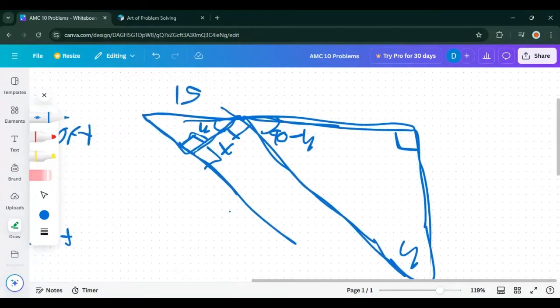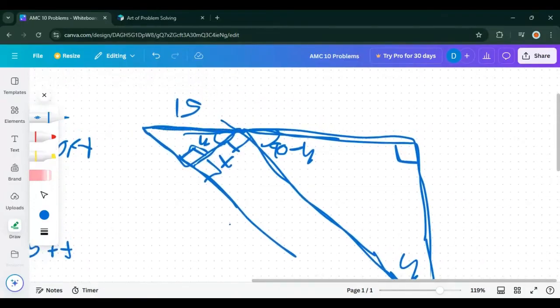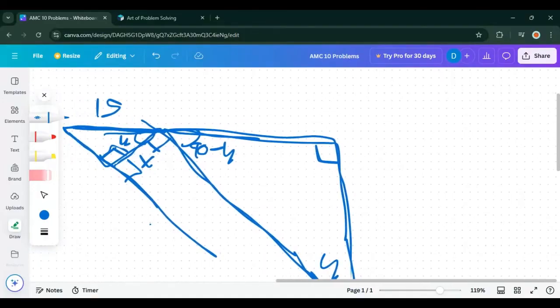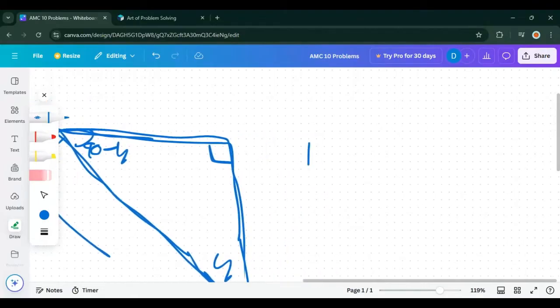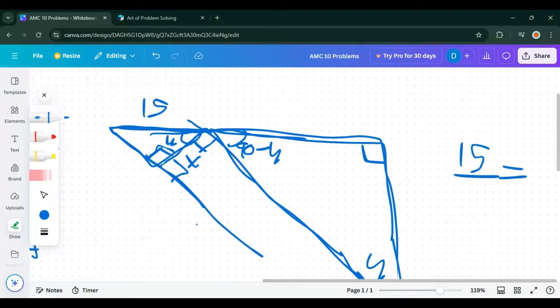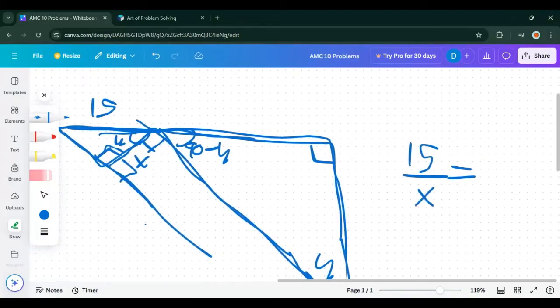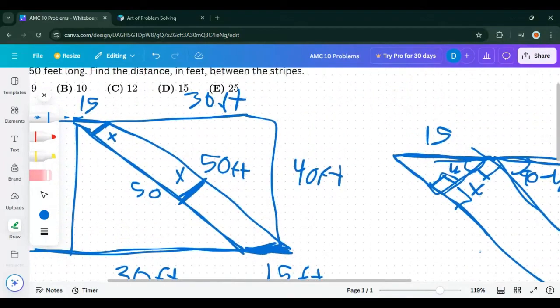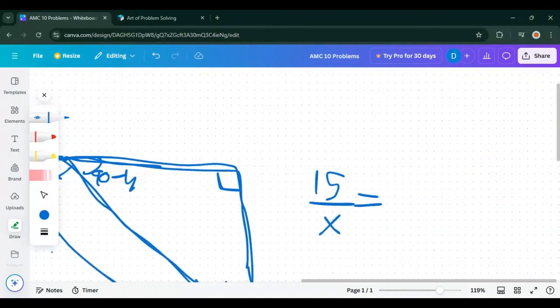We know that the hypotenuse, we can draw a ratio. So we have 15 as the hypotenuse of the smaller triangle over X, which is what we're trying to find. And the hypotenuse of the bigger triangle is over here, as we see, 50 feet.